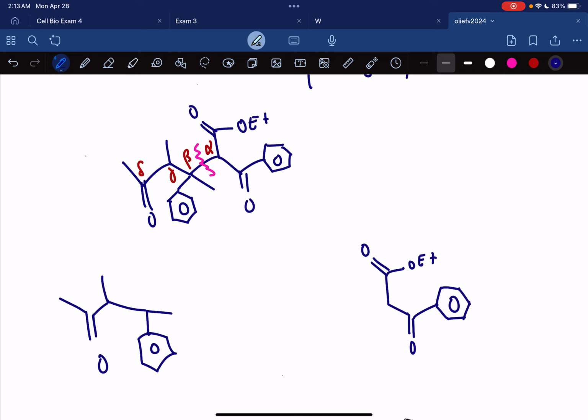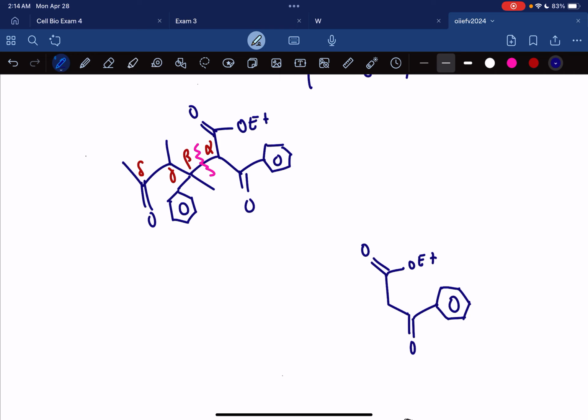But after you split it, you can do a few things. So there's an even easier way actually. So you can split it at the alpha and beta, right? But if you want to, let's work backwards a little bit even more. You can leave the substituents on the alpha carbon.